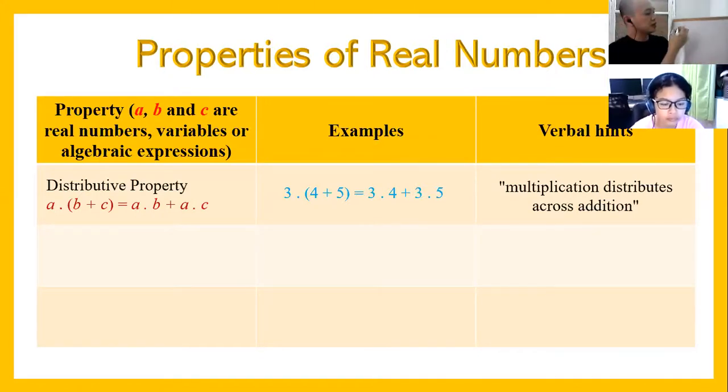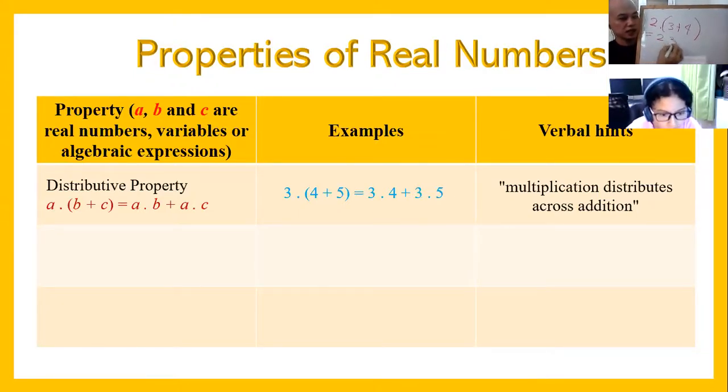If you have 2 times 3 plus 4, how do you do that? 2 times 3 plus 4 equals, you distribute 2. That means 2 times 3 plus 2 times 4.